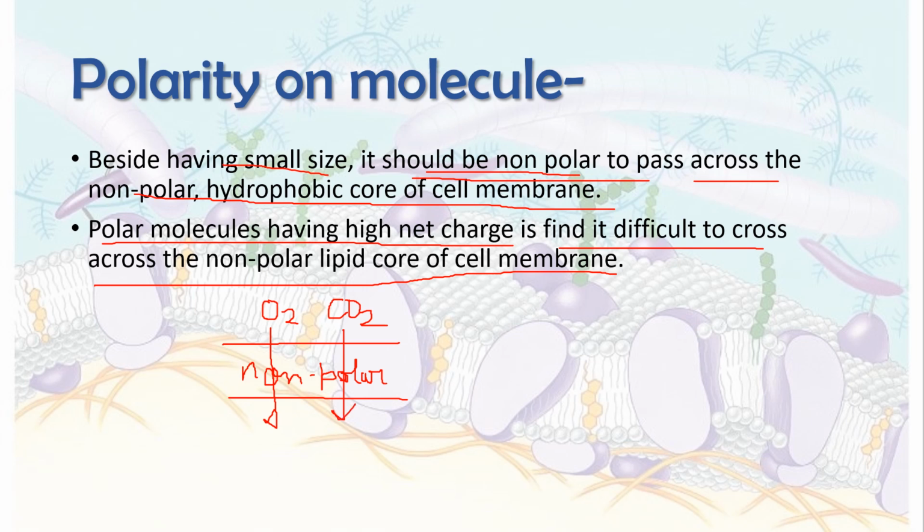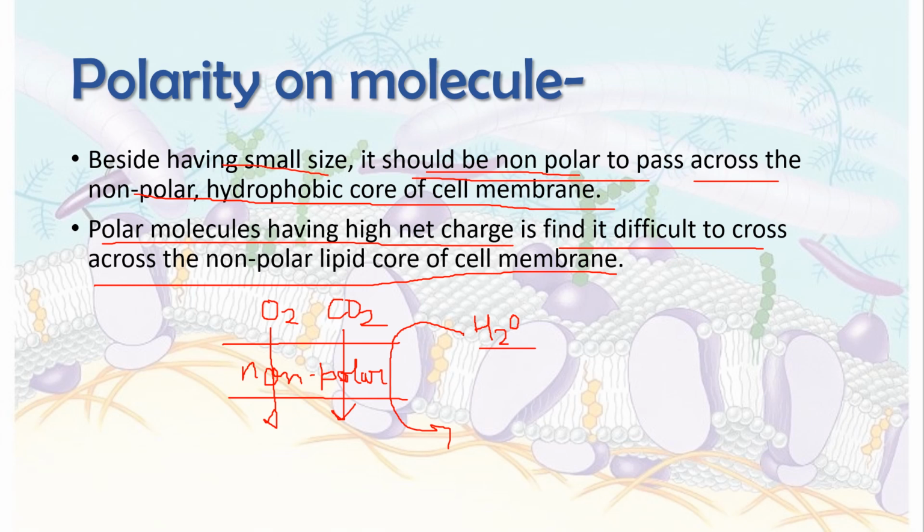Whereas in the case of H2O, we know water also diffuses across the cell membrane. It is a small, uncharged polar molecule. It too can diffuse through the cell membrane.